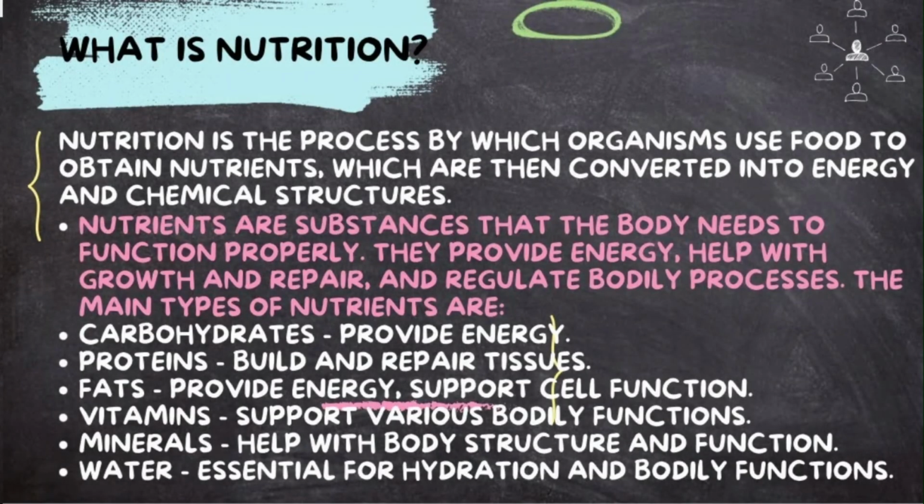We chat a lot, we move a lot, we need energy. And also a lot of proteins for our teeth or hair, a lot of stuff we need in order to build and repair tissues, right? And then obviously water, we need water a lot for hydration and also for our body to function optimally.